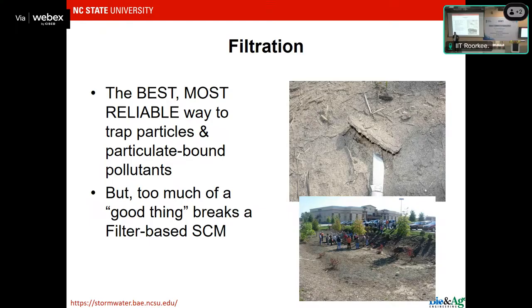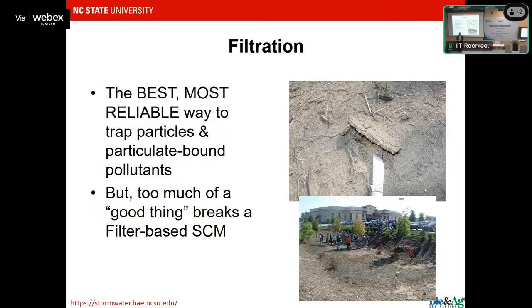All right. And so there's a happy median. If a practice clogs because it's done such a good job of filtering, is it done for good? Meaning, will it never work again? What do you guys think? The answer is it won't work again until you maintain it.